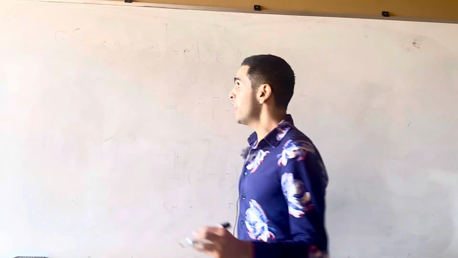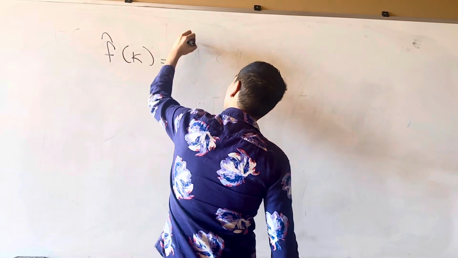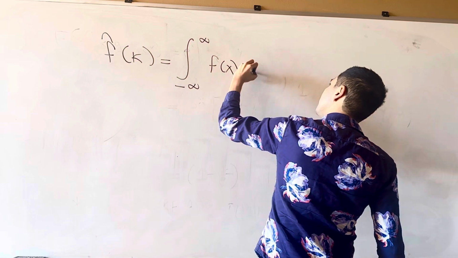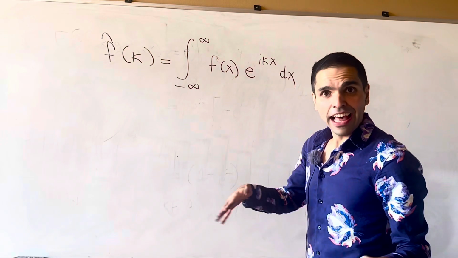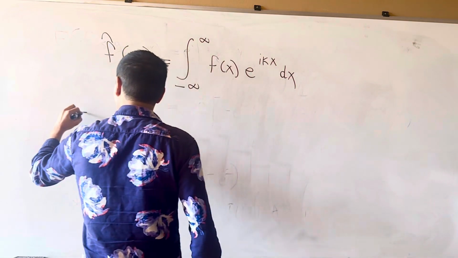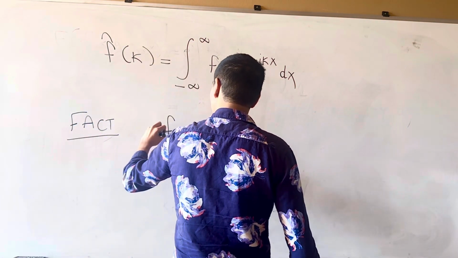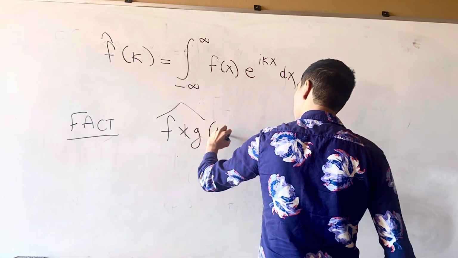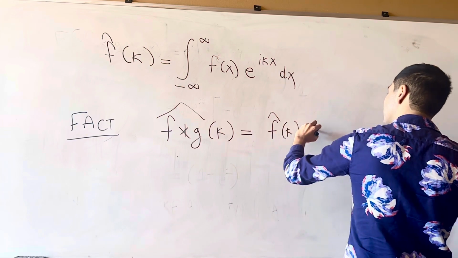Because if you define the Fourier transform of f as the integral of f of x, e to the i kappa x, dx, then we do have this very important fact that the Fourier transform of f star g is just the product of the Fourier transforms.